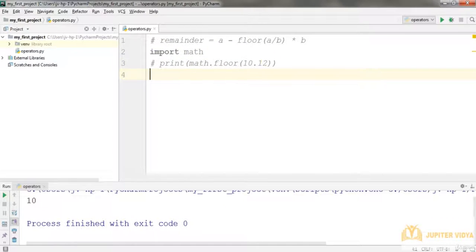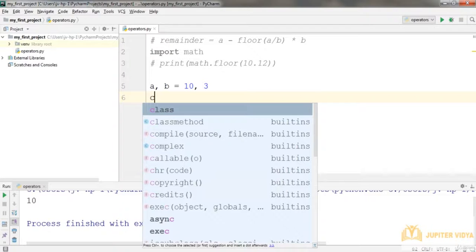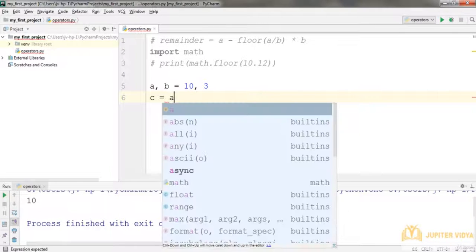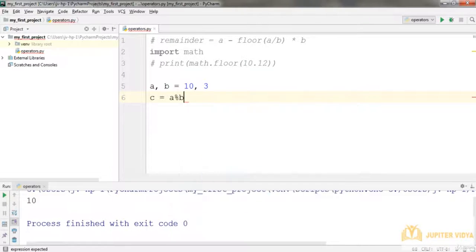Now let's solve this problem here. So A and B we will take. Let's first use this without a decimal value, without a negative value, and in C, A modulus B. I'll calculate this with the help of this formula, right?